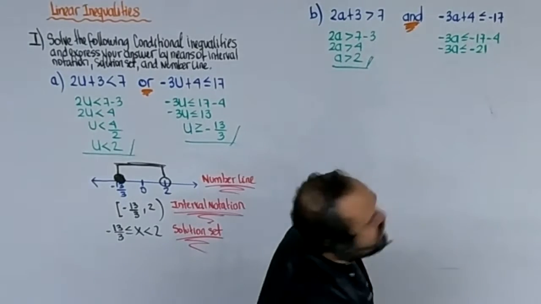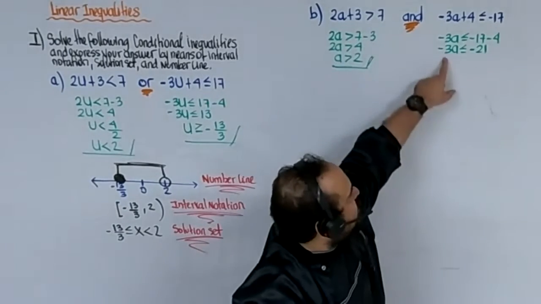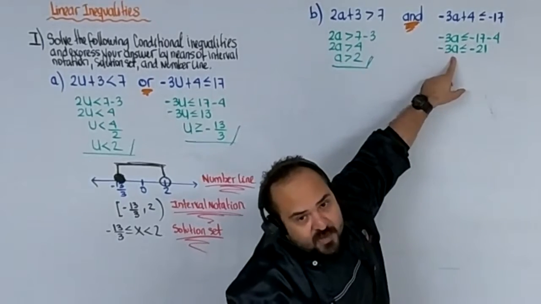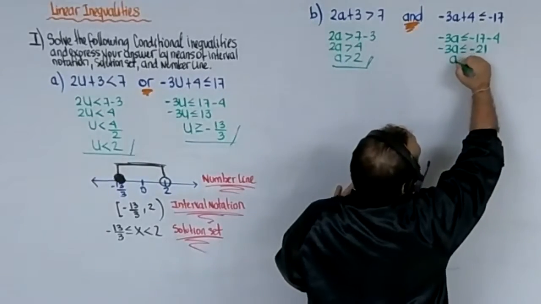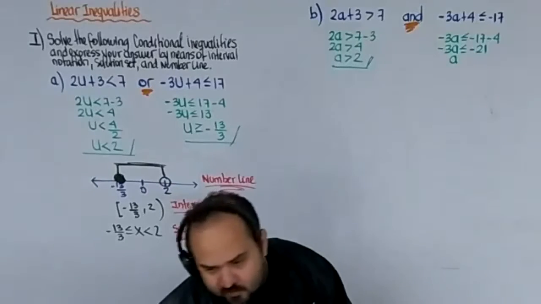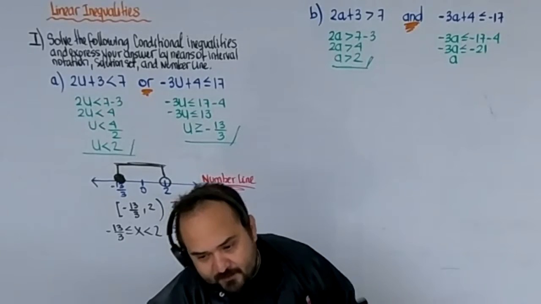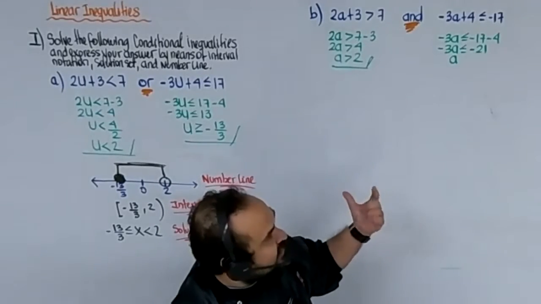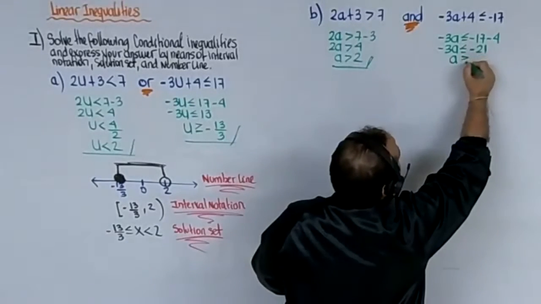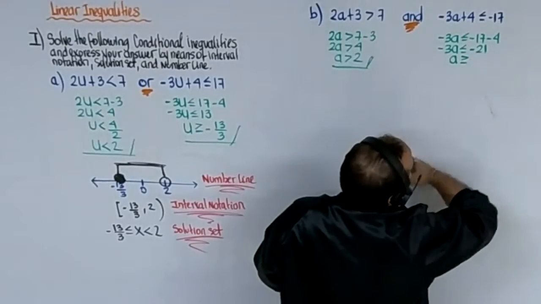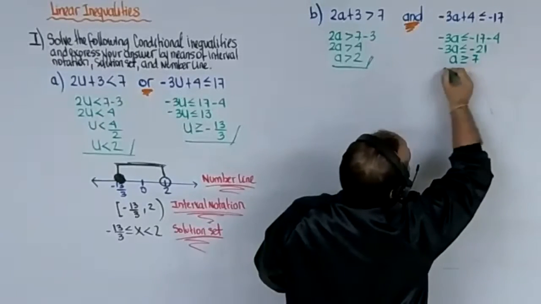Because we have a negative number multiplying a, remember when it passes to divide, negative 21 divided by negative 3 will be positive 7, and we're going to change the orientation of the inequality. For that reason, a will be greater than or equal to 7.